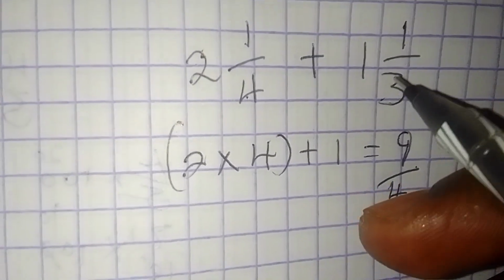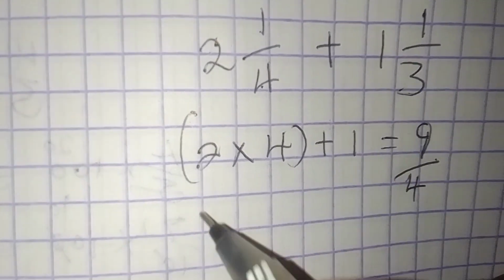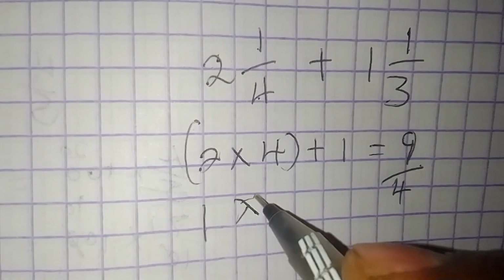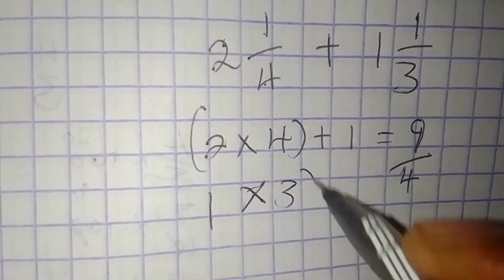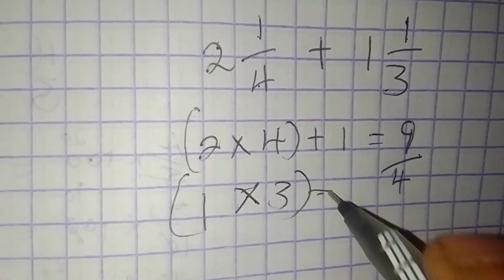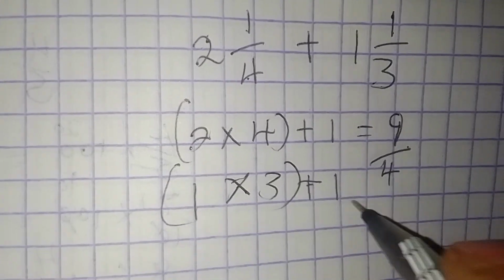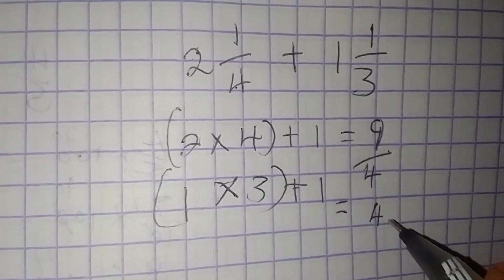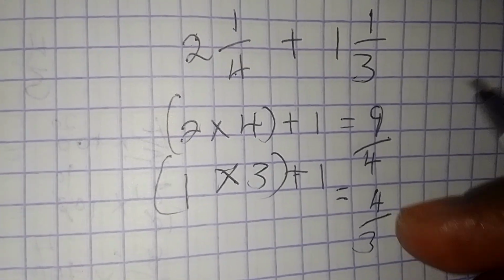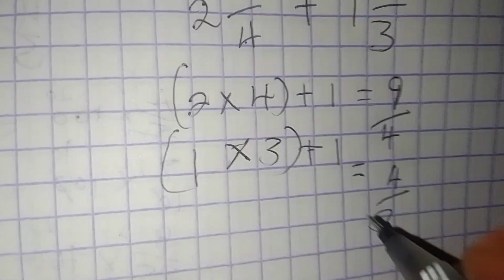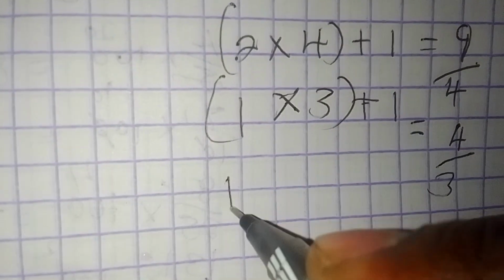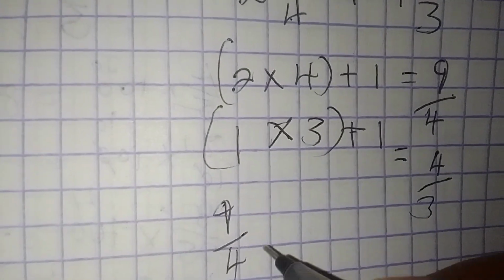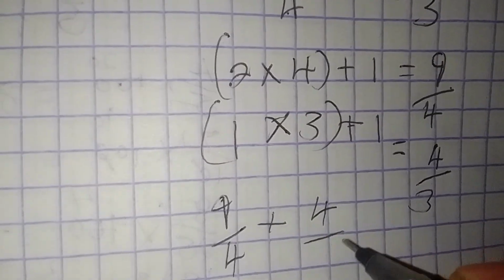The other one, the whole number is 1. You multiply by 3, which is the denominator, and then you add the numerator, which is 1. 1 times 3 is 3 plus 1, 4. So it's 4 over 3. So we have 9 over 4 plus 4 over 3.